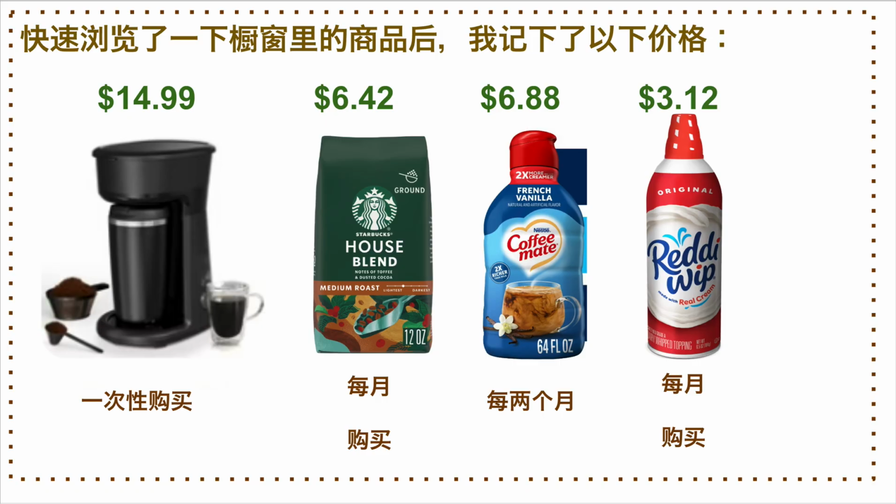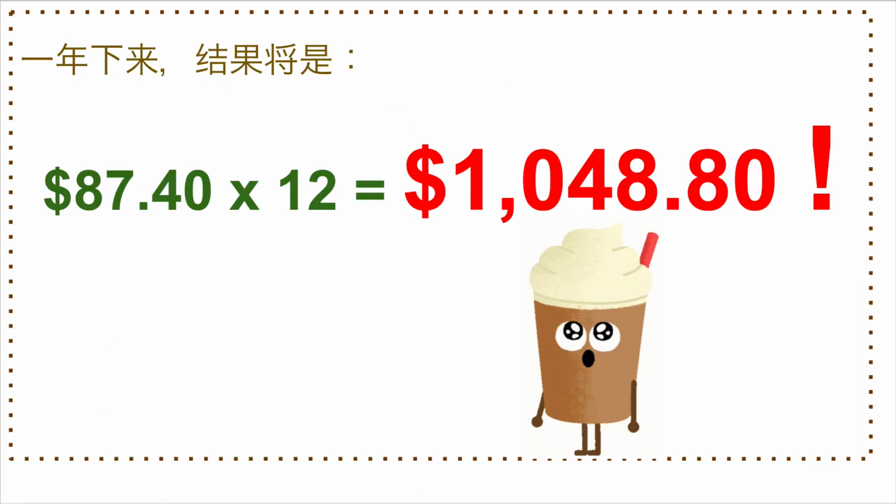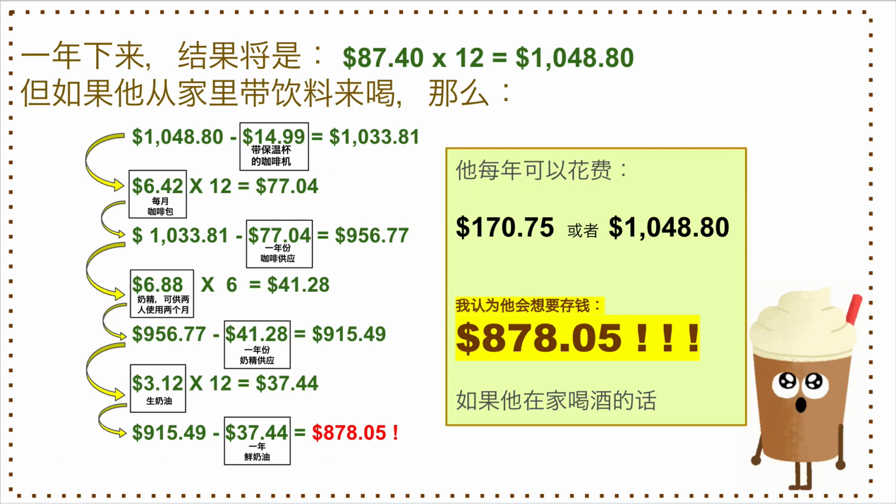What we did next was to grab the amount that he spends if he buys the coffee, which was this amount over here, right? And then we subtracted the items that we found online.